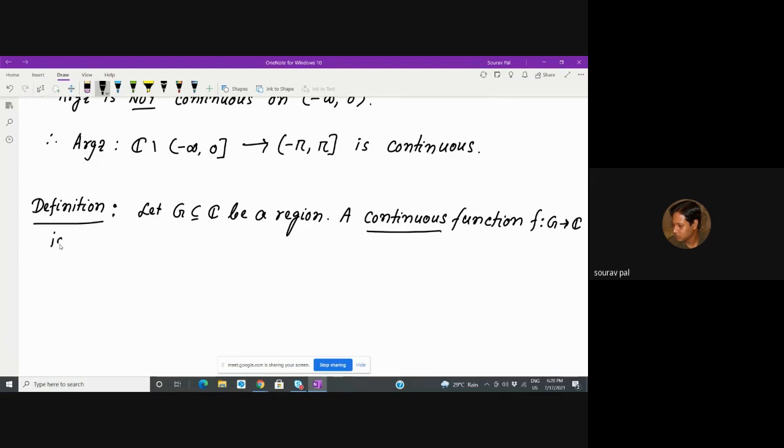is called a branch of the logarithm if e to the f(z) is equal to z for all z belonging to G. You just look at the definition.